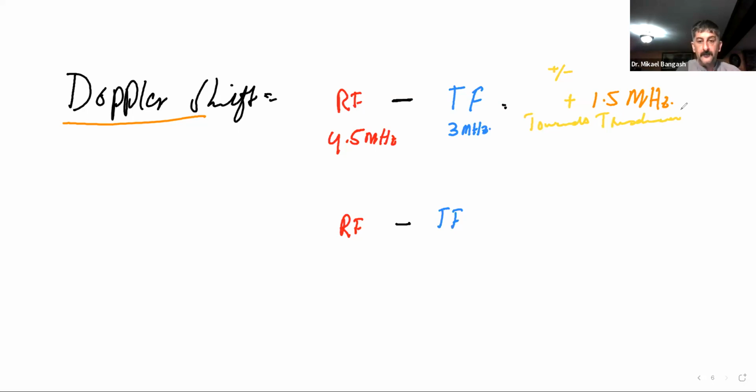Let's say we use the same transducer with the same frequency of 3 megahertz. But let's say that in this case the reflector frequency is going to be 3.2 megahertz.